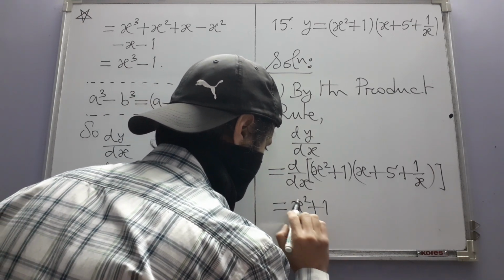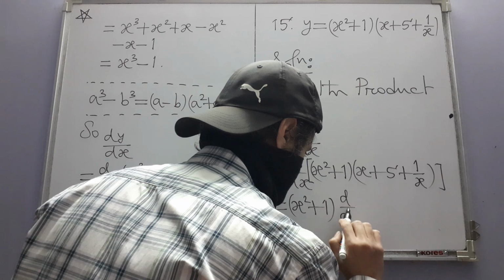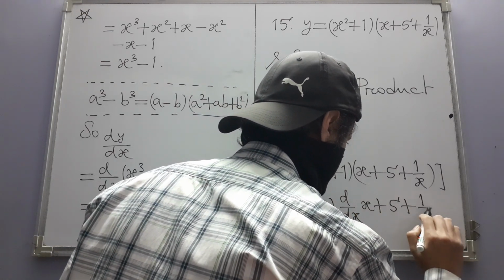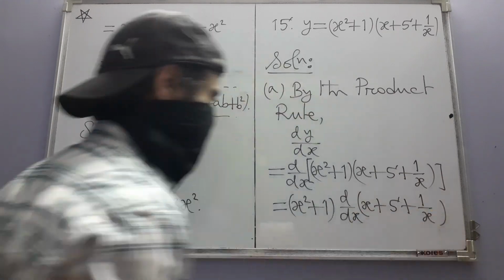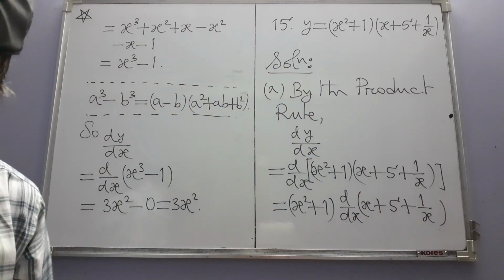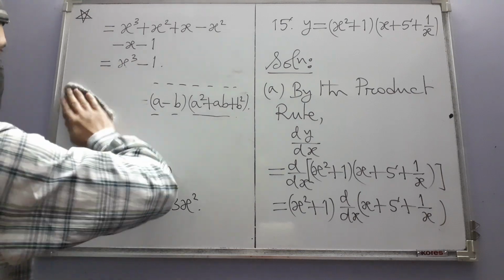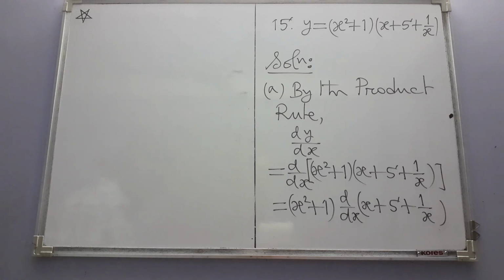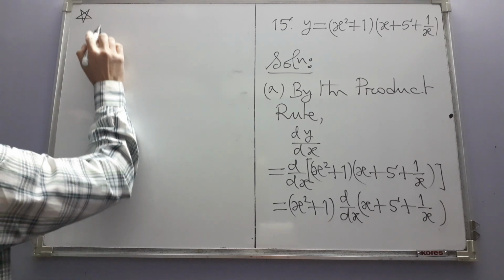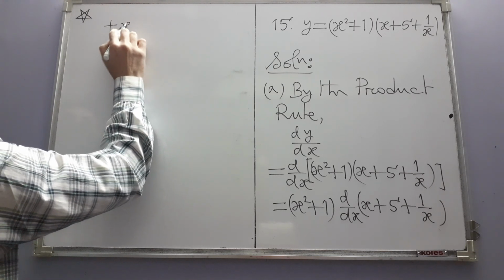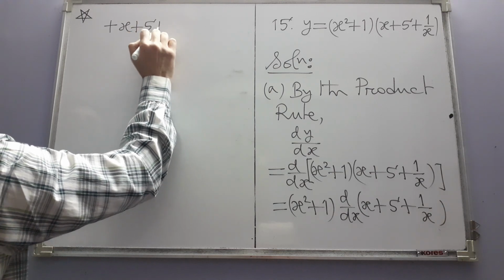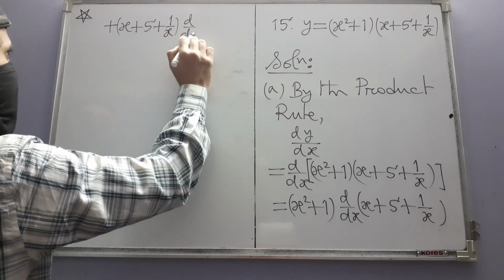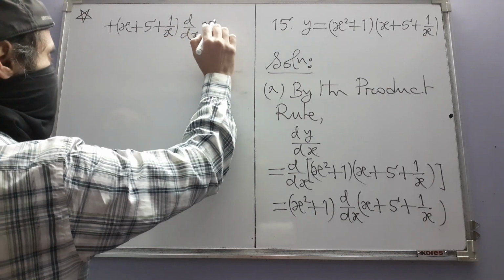x square plus 1 times the derivative of x plus 5 plus 1 over x, plus, we keep this intact and differentiate x square plus 1.